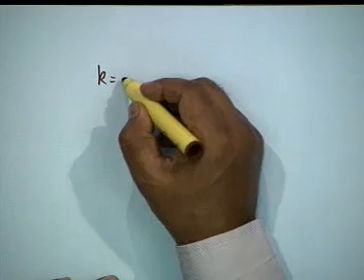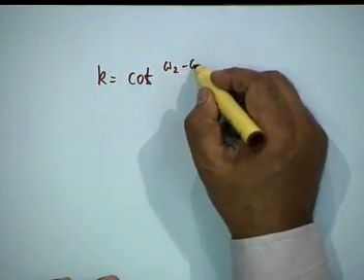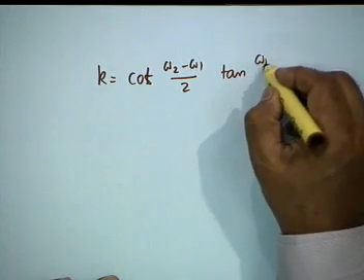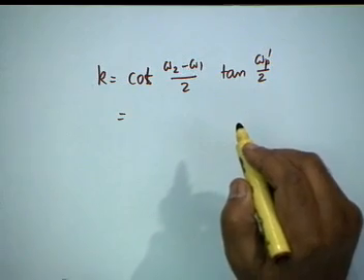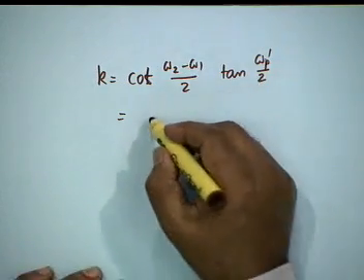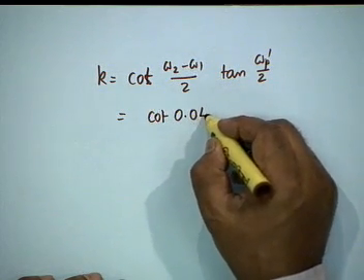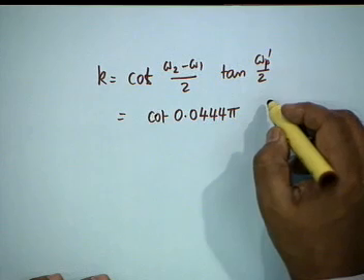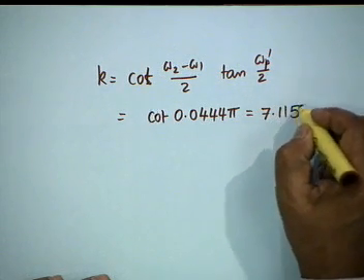Okay, this is alpha, and k, if you remember, is cotangent of (omega 2 minus omega 1) by 2, then tangent of omega p prime by 2, and omega p prime is pi by 2, so this is 1. So, this is simply cotangent of 0.0444 pi, and that is calculated as 7.1154.